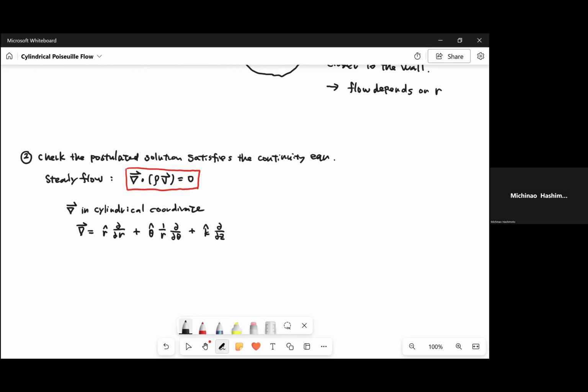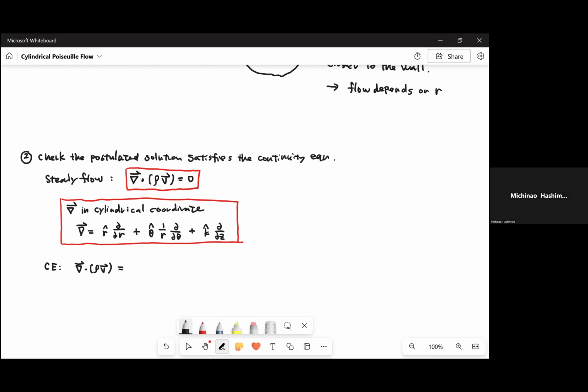So they do have a different expression for the nabla. This is going to give you a slightly different continuity equation. In fact, the continuity equation, nabla dot rho v, is going to give you a different expression.